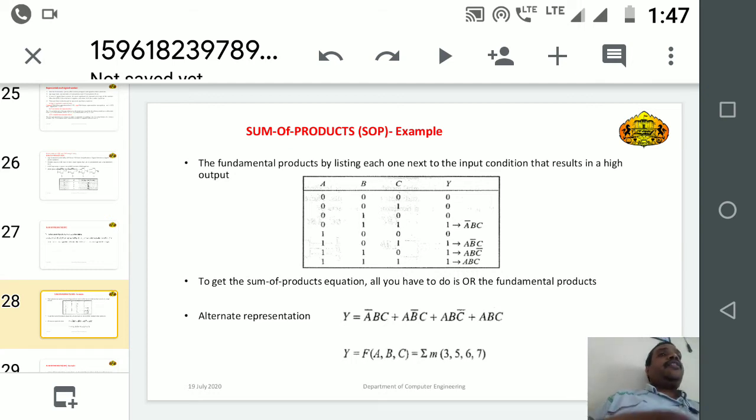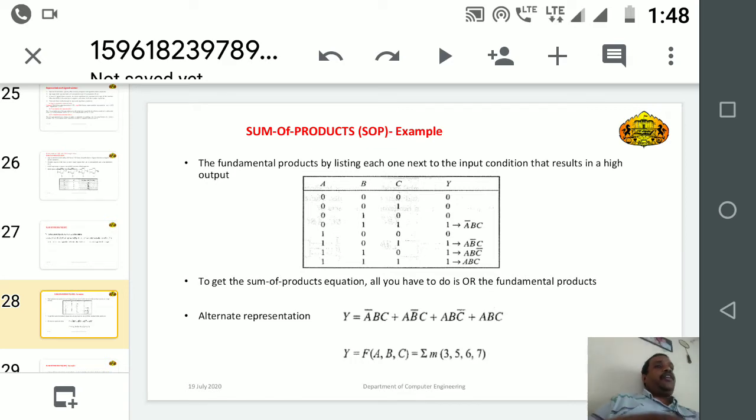To get the sum of products equation, all you have to do is OR the fundamental products. So this is how to represent this SOP with the help of this truth table. Y is equal to A bar B C plus A B bar C plus A B C bar plus A B C. Otherwise you can also represent it as Y is equal to F, where F is a function of A, B, C, meaning three variables are present, and it is equal to summation of small m of 3, 5, 6, 7.